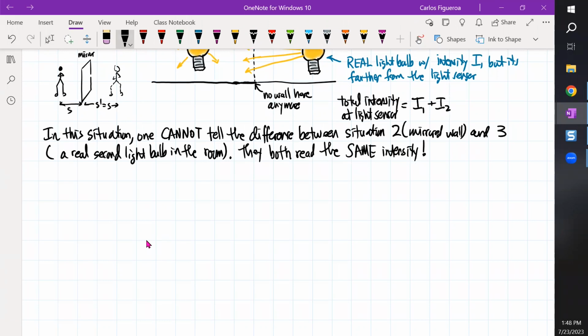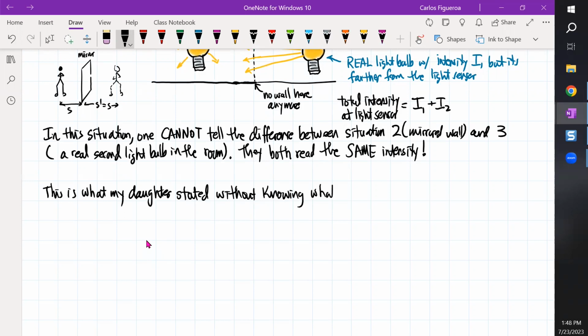So if I try to bring this all together, this is what my daughter stated without knowing what a virtual image was.